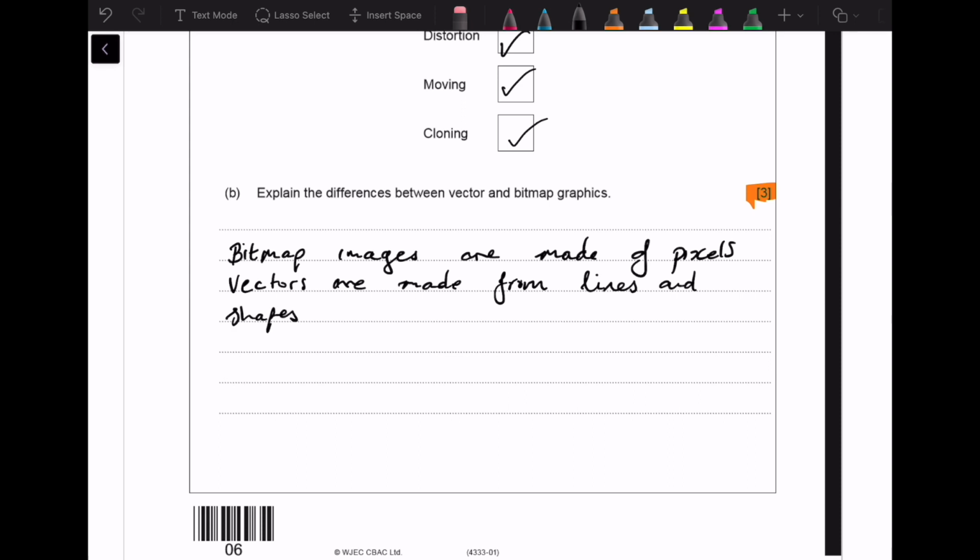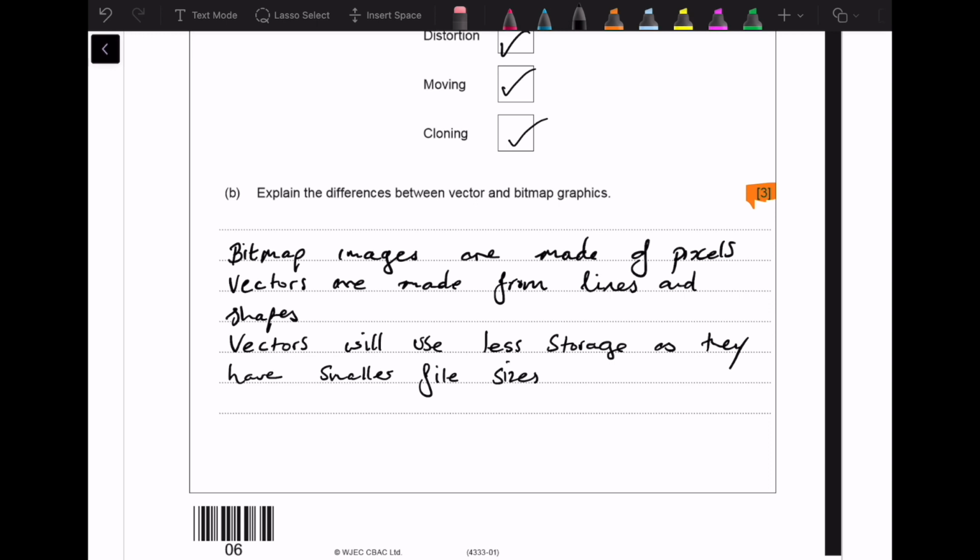And then the last thing that I would typically do is vectors will use less storage as they have smaller file sizes.